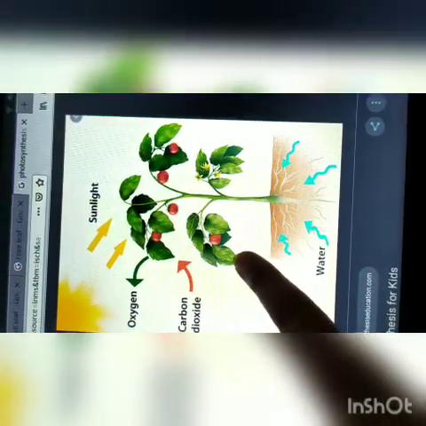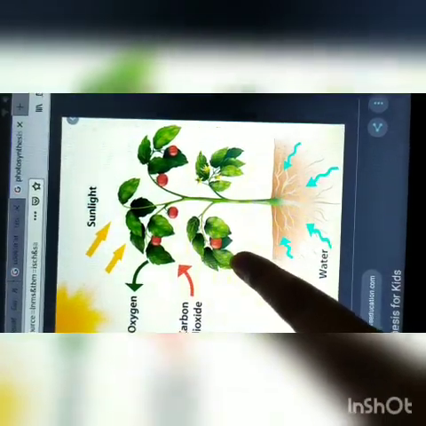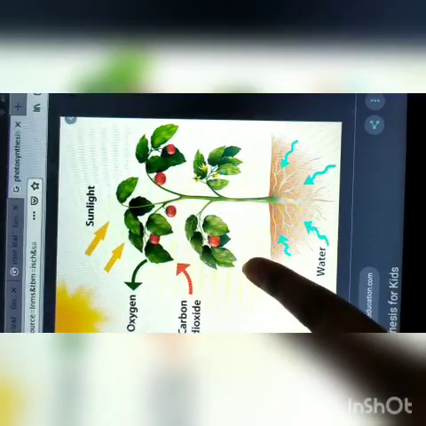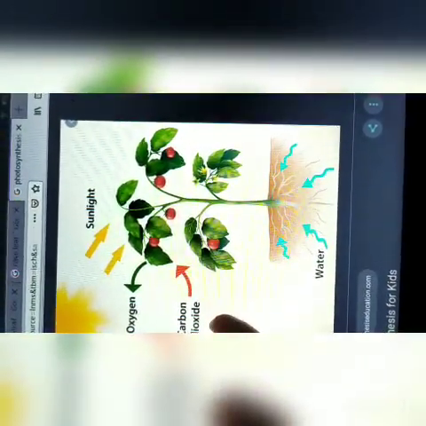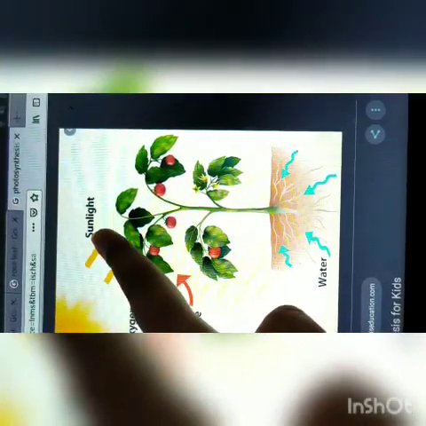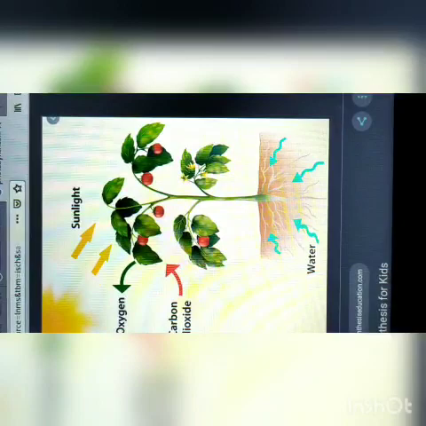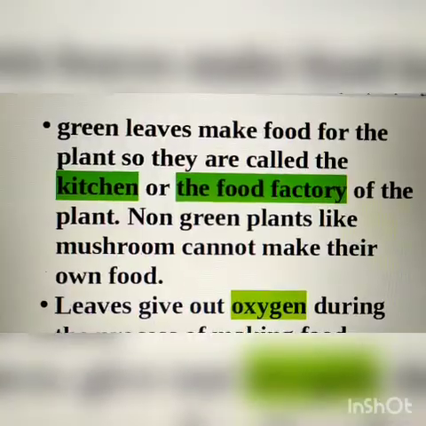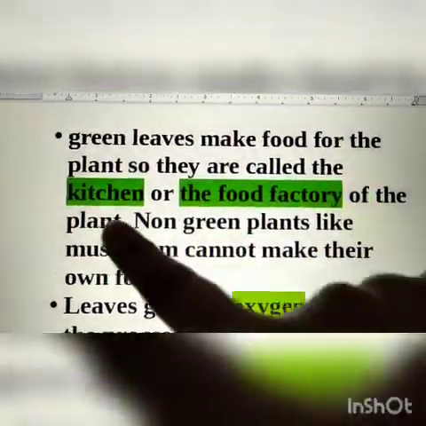That is why we call the leaf the kitchen of a plant or food factory of a plant, because green leaves use water, carbon dioxide, and sunlight, with chlorophyll, to make their own food. Clear? So, green leaves are called the kitchen or the food factory of the plant.